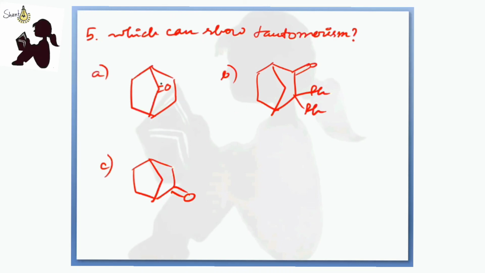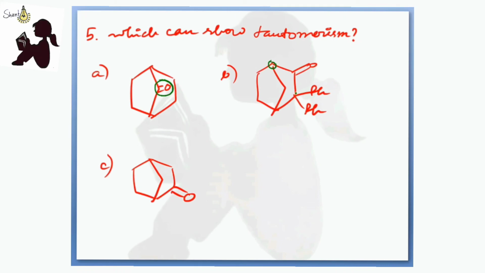This is a ketone on the bridge bond, so here we can take the alpha H2, because the ketone is present on this bridge bond. And again we can see that this ketone is not present on the bridge bond, but its neighboring carbon atom is attached to the bridge bond, so it can be taken.